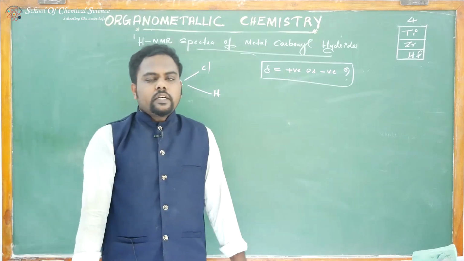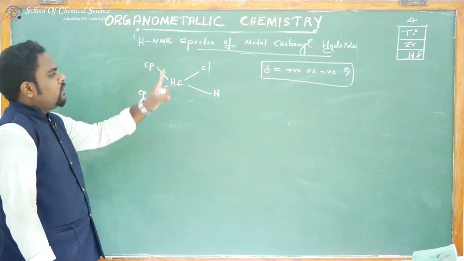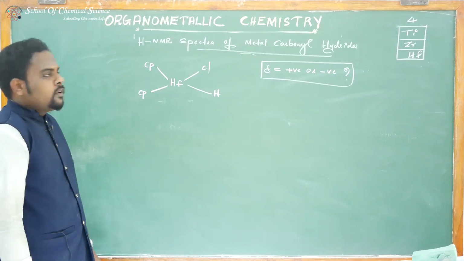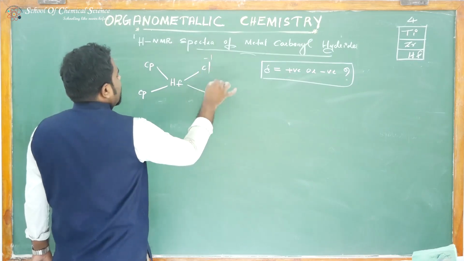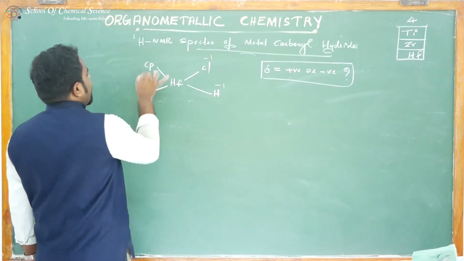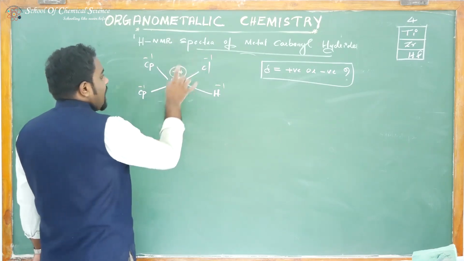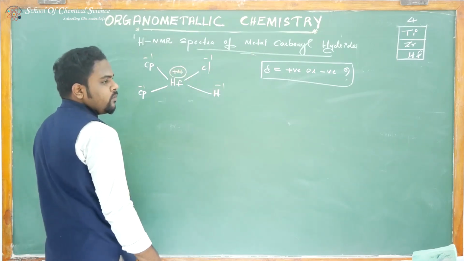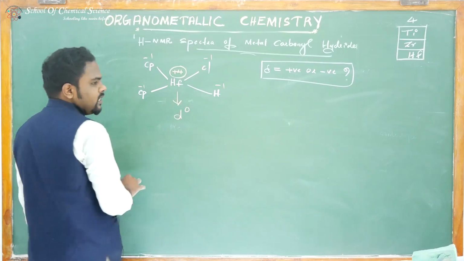S2D2, group number 4. Delta value positive or negative? You know, charge of chlorine is -1, hydride H minus, Cp minus. So hafnium is plus 4. Hafnium is group number 4. Hafnium plus 4 means its electronic configuration is D0.